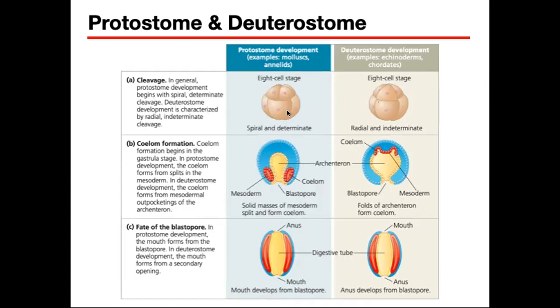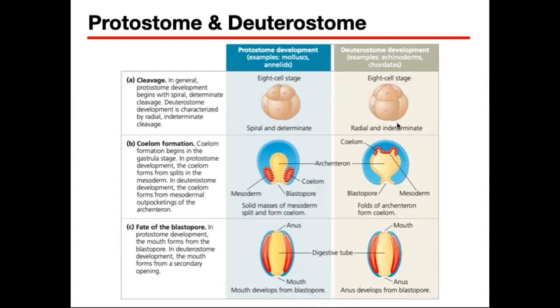Determinate means that at this point, we can already infer what these cells will later turn into. Will it be part of the digestive tract, the nervous system, the musculature, the integumentary system? Indeterminate means each of these cells has an equal chance of becoming part of a specific tissue.